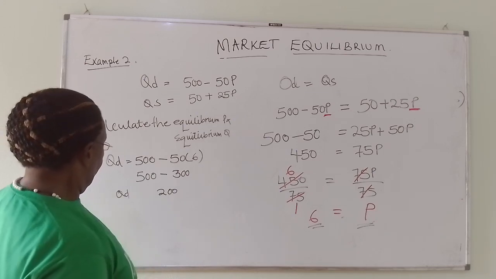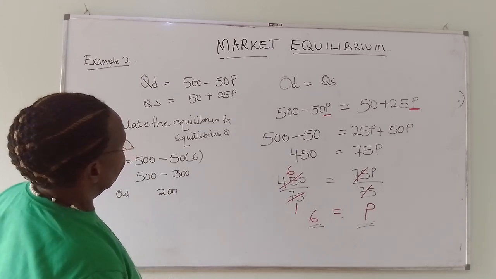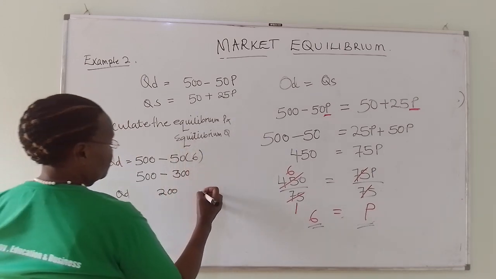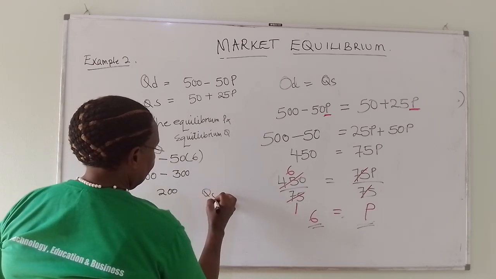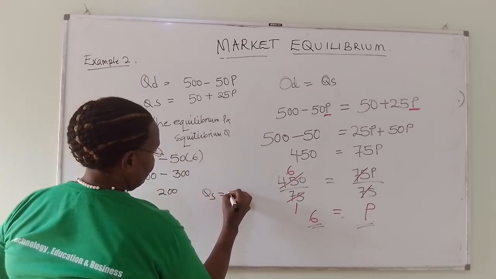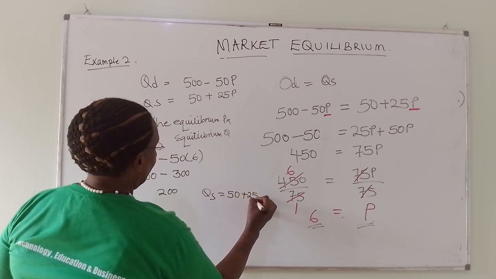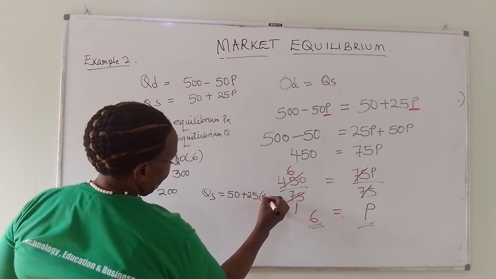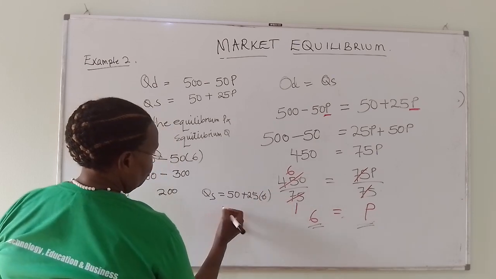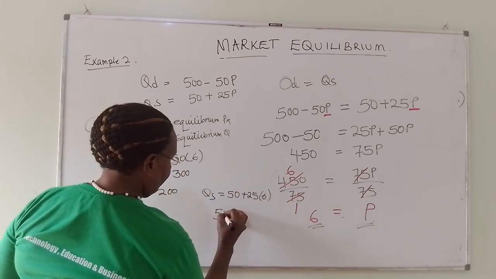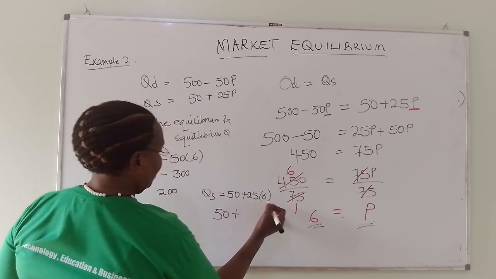Then what about for the quantity supplied? We do the same thing. We have quantity supplied, which is 50 plus 25p, but now our P is known and it is 6. So quantity supplied is going to be 50 plus 25 times 6.